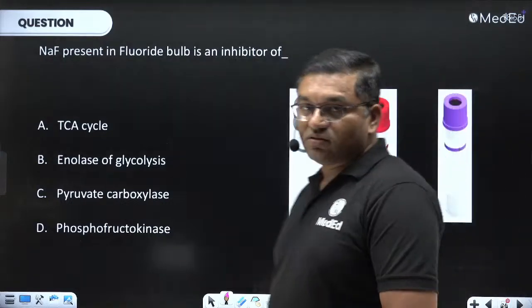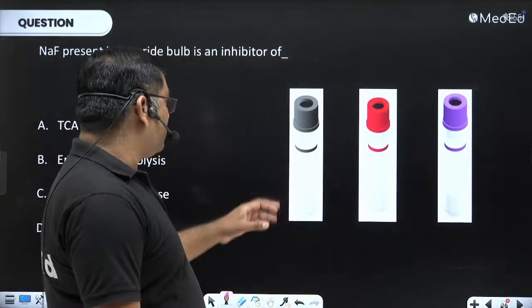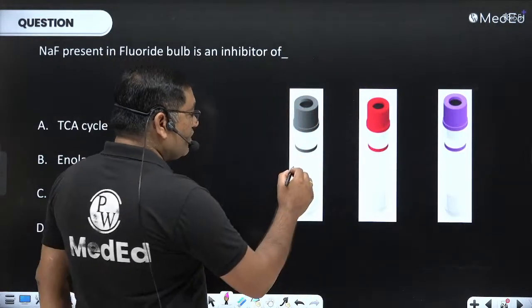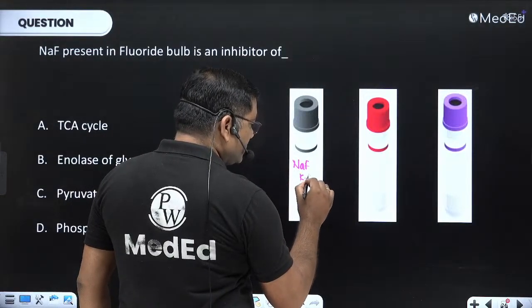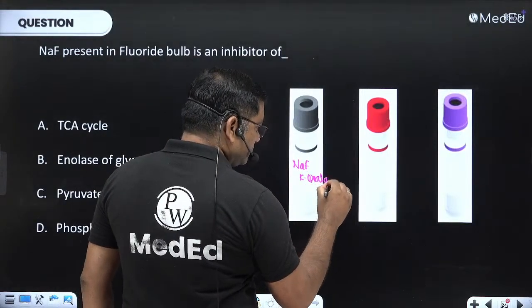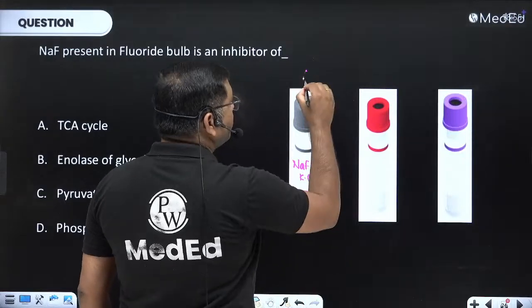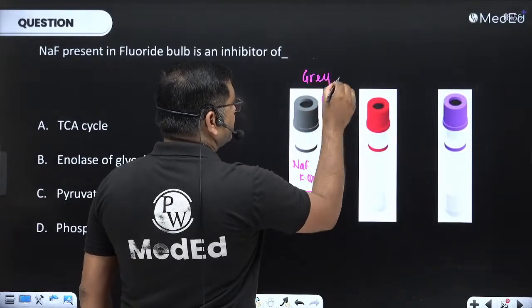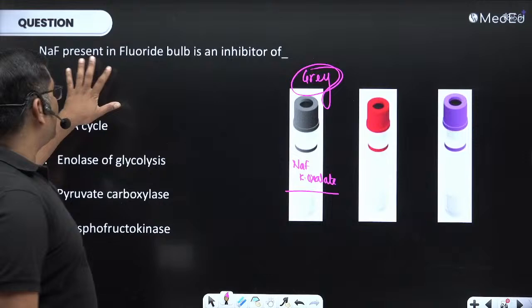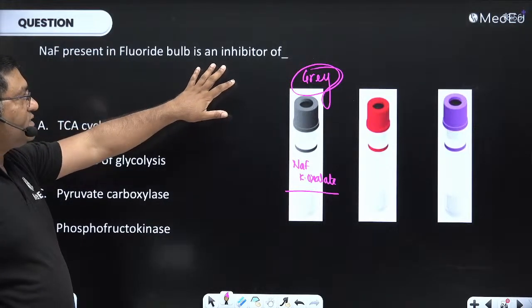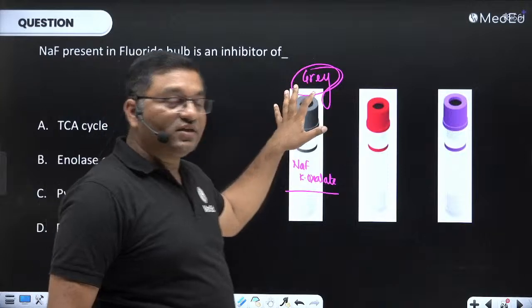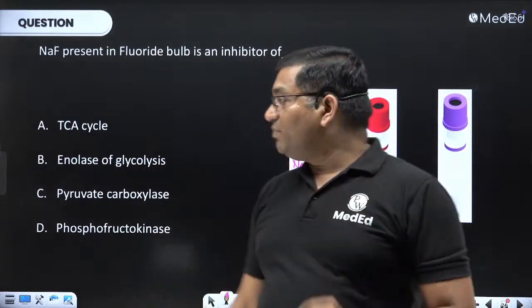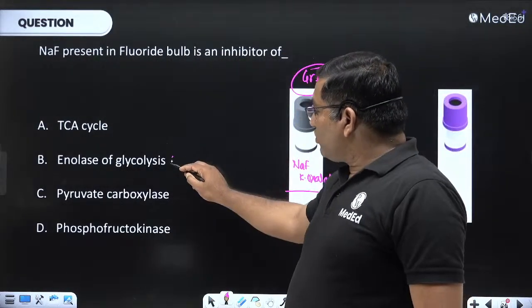So this is again an important question. This is the fluoride bulb. This is sodium fluoride potassium oxalate. Fluoride bulb, gray cap tube, gray tube. Sodium fluoride present in the fluoride bulb is an inhibitor of the enolase of glycolysis.